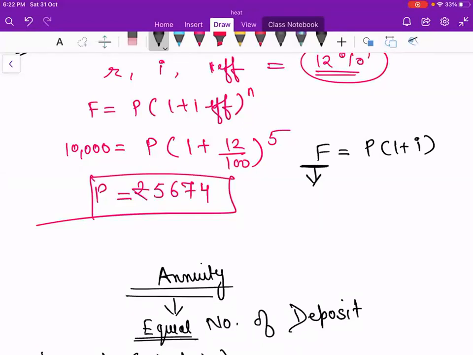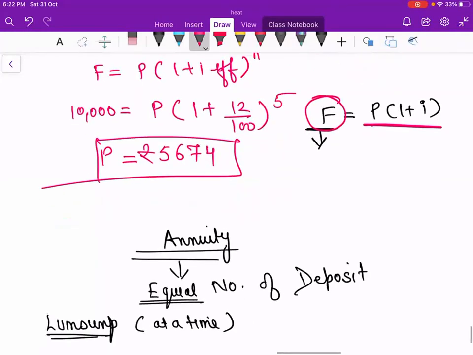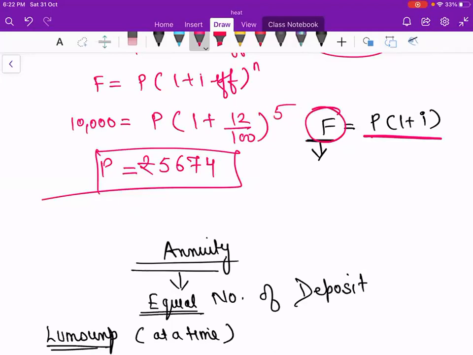So here we will use the words equal number of deposits. Tell me, in the previous formula, this F is lump sum or equal number of deposits? Reply fast. Okay, this F is lump sum. Very good.